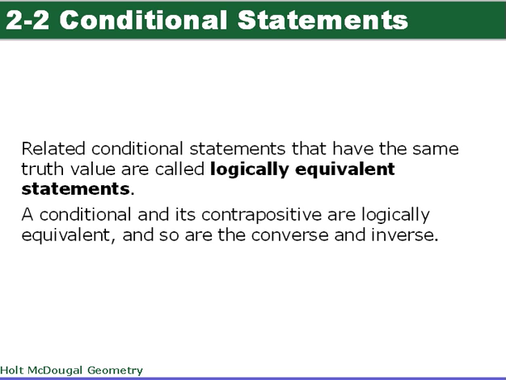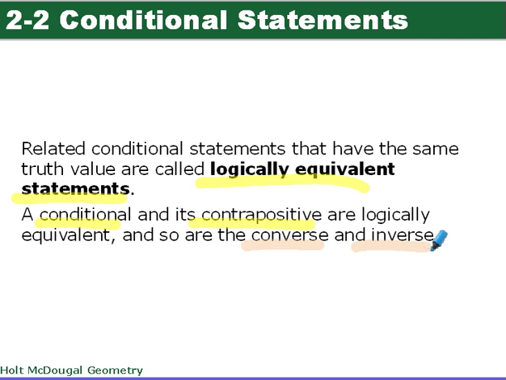Related conditional statements that have the same truth value are called logically equivalent statements. So a conditional, the original statement, and its contrapositive are logically equivalent. They always have the same truth value. And the converse and inverse as well.